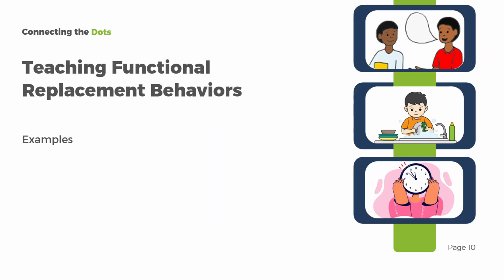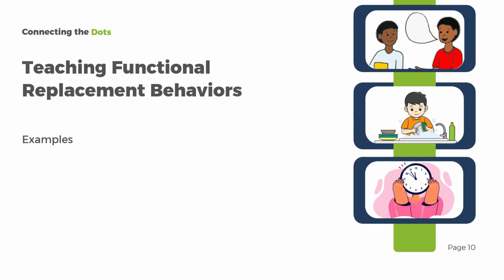Now that we've explored the ABCs of behavior, the antecedent, behavior, and consequence, we can start to answer one of the more important questions in behavior analysis. Why is this behavior happening? By identifying the function of a behavior, whether it's to get attention, escape a task, access a preferred item, or meet a sensory need, we gain powerful insight.